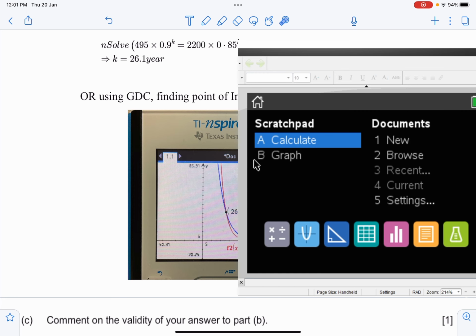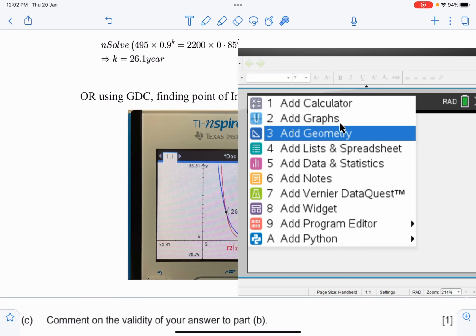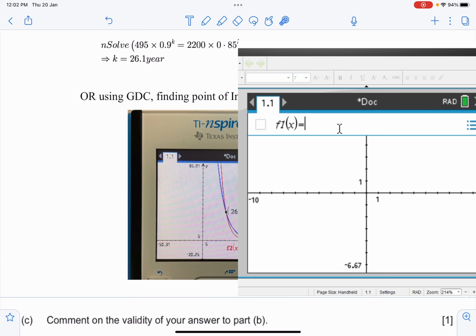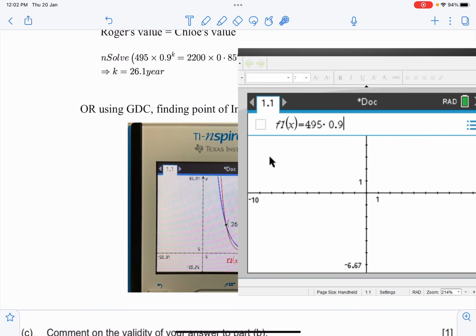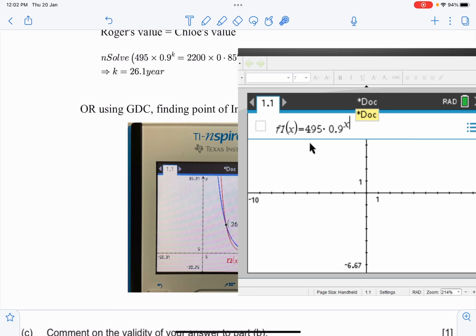I will select new, then add graph, and type the first equation, which is for Roger: 495 into 0.9 to the power k, and hit enter. In graphical mode I have to type x, of course, because I cannot type k as the x-axis is X.